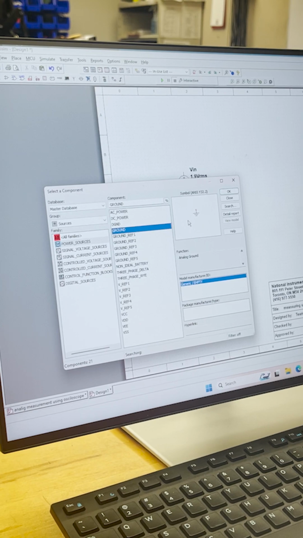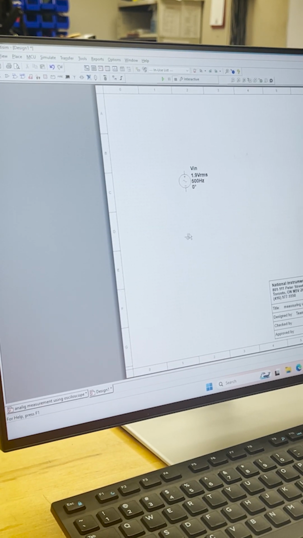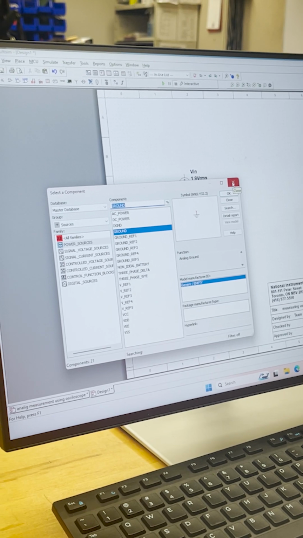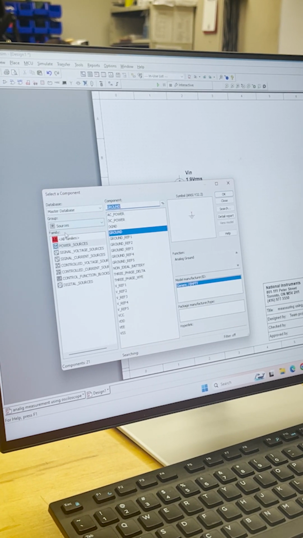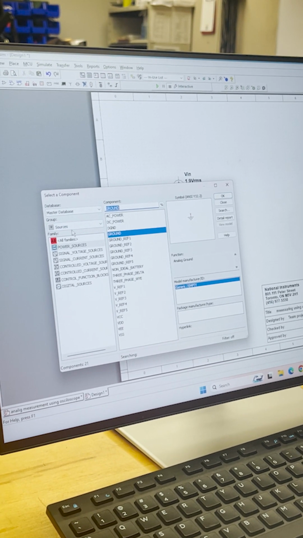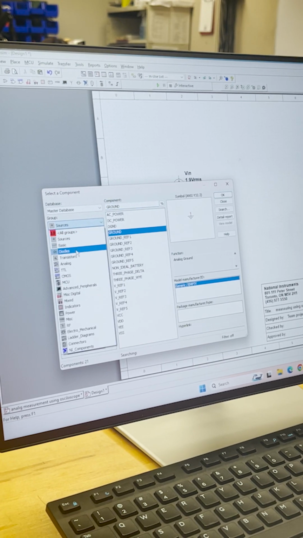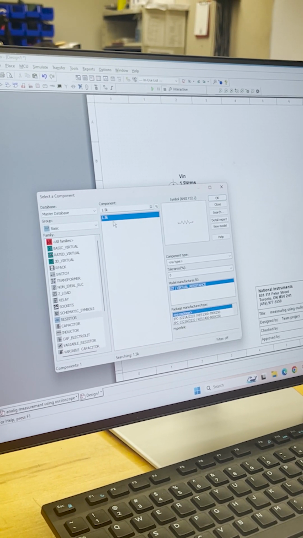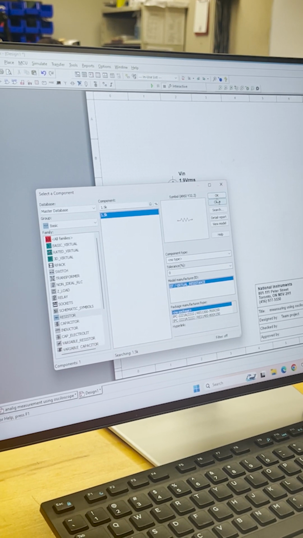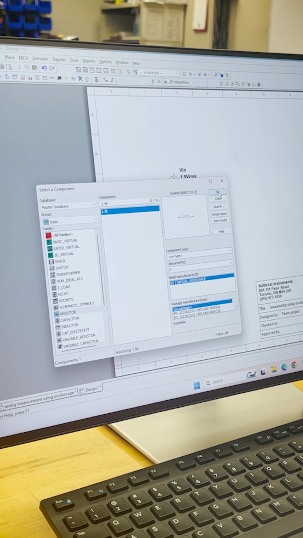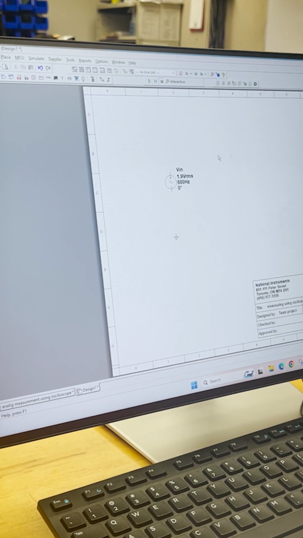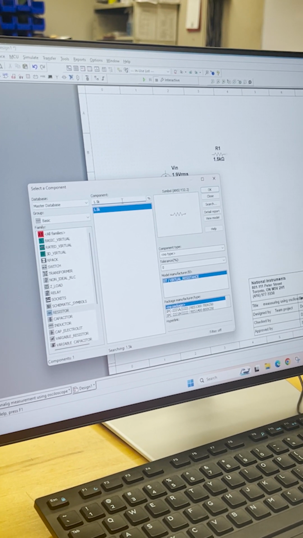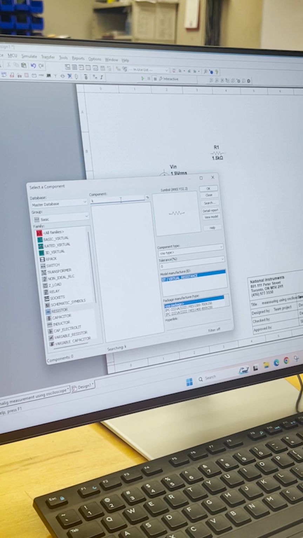So I'm going to bring in a ground, and I'm going to be using two resistors. The first one is going to be 1.5 kilo ohms. And my second resistor is going to be 2.7 kilo ohms.